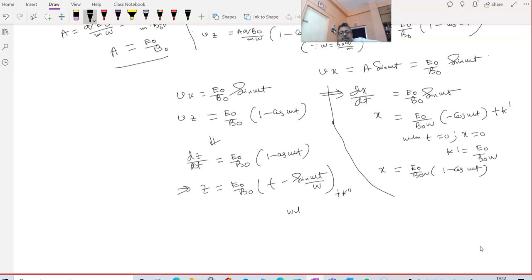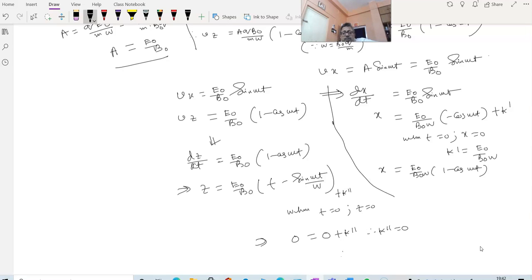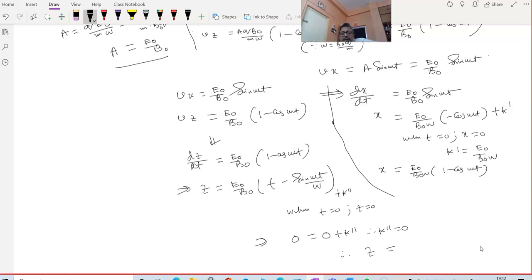Again the same manner, when t equal to 0, z equal to 0. This implies all are 0, K double dashed is 0. So therefore, z is coming to be E0 by B0 t minus sine omega t by omega, with time. Fine.